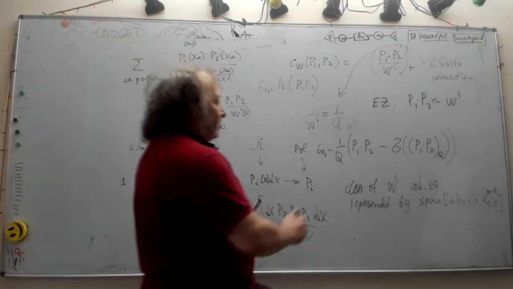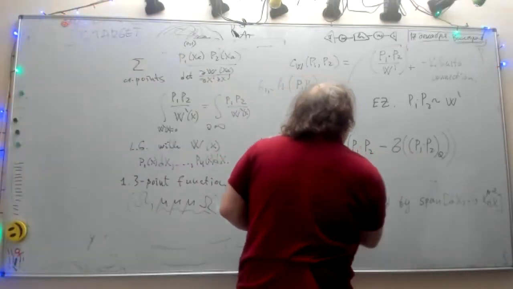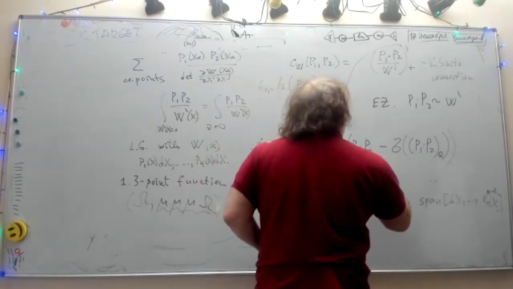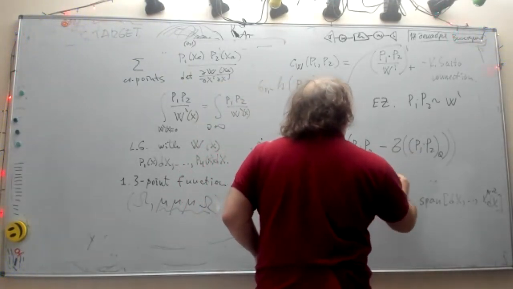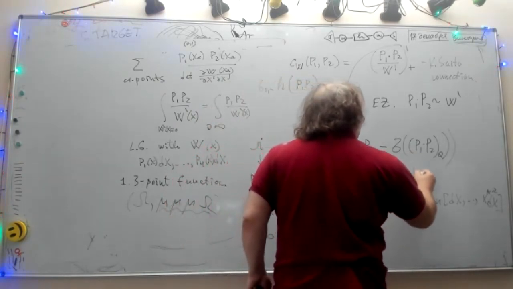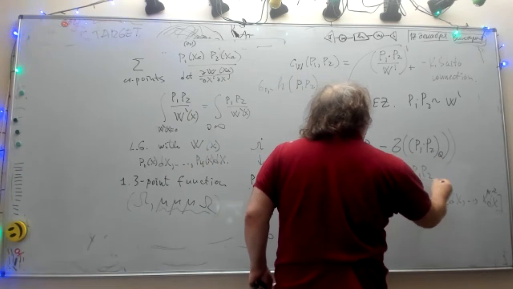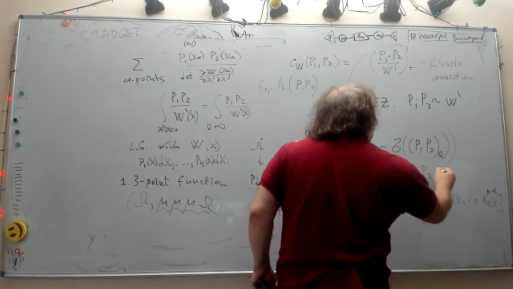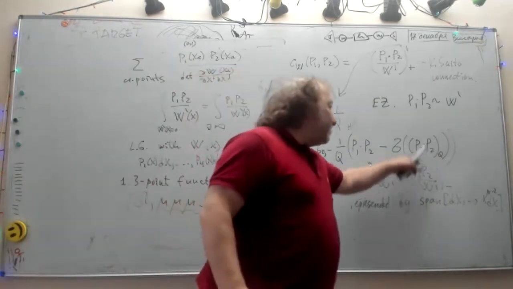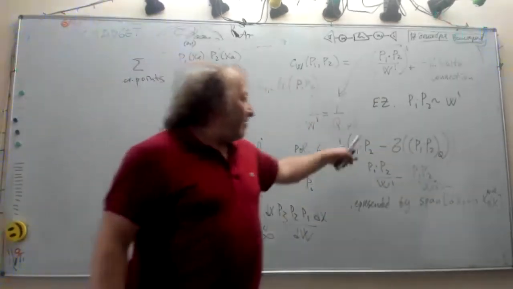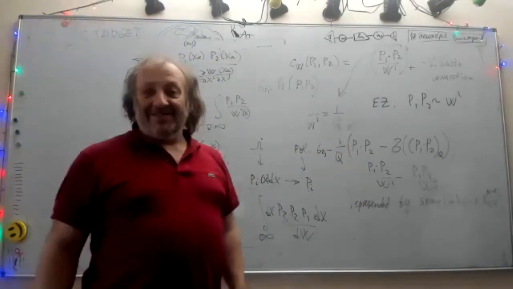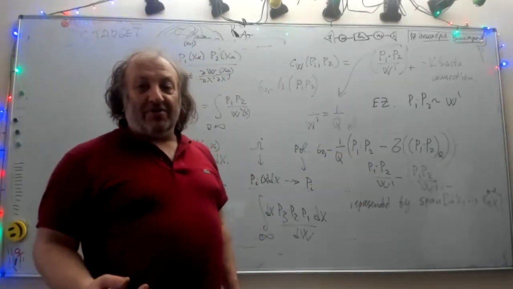But now, this formula could be written as P1, P2 over W prime. Here I have P1, P2 over W prime minus. Minus means lower degree. And this is exactly P1, P2 over W prime plus. Okay? So minus means lower degrees.